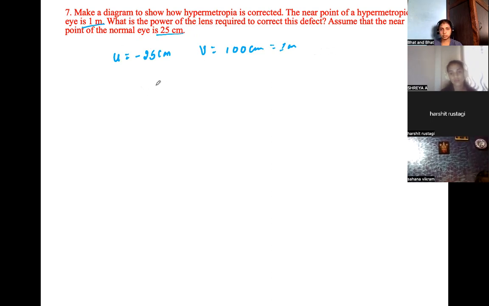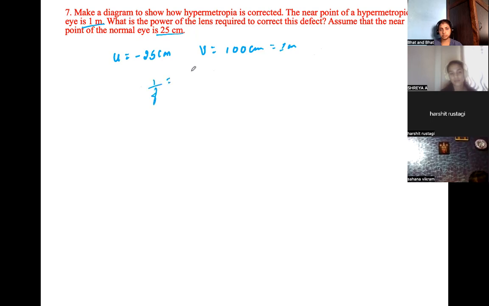So now let us see, here what is u? The u value is minus 25 centimeter. v is how much? 1 meter is nothing but 100 centimeter. It is given to you. So let us find how much is f.